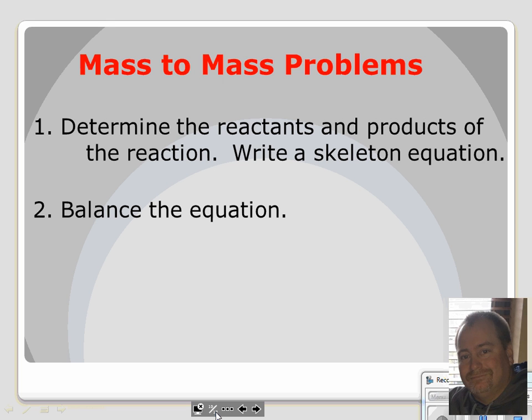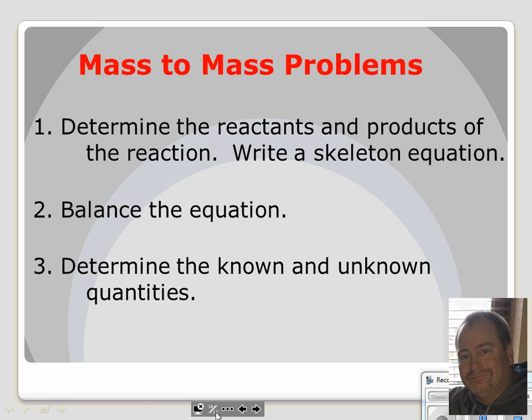Second is to make sure that you have balanced the equation. The third step is to determine the known and the unknown quantities.